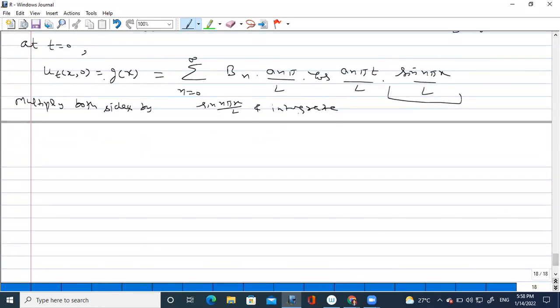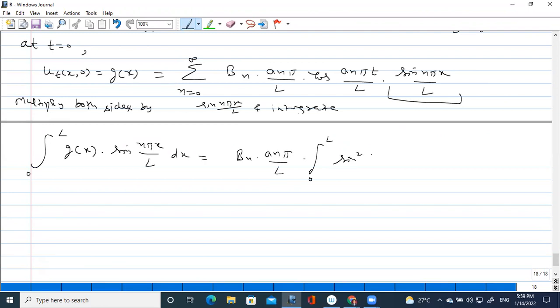So we have to multiply it. So the left hand side will become integral 0 to L g(x) into sine n pi x by L dx, equal to Bn into An pi by L into integral, and this summation also will be converted, and my limits are 0 to L, so that will become sine square n pi x by L dx.